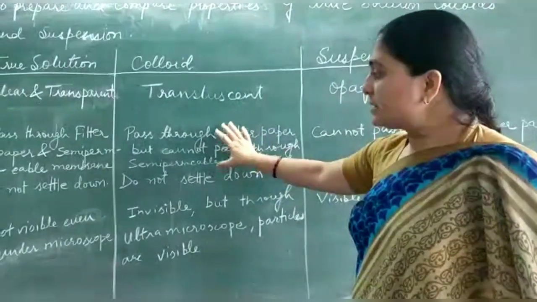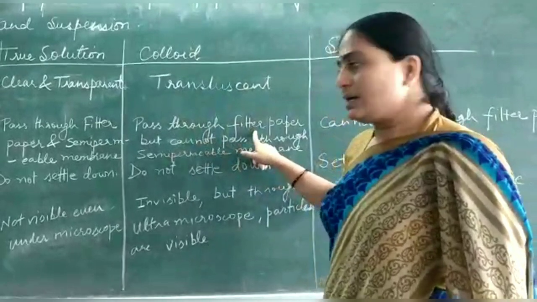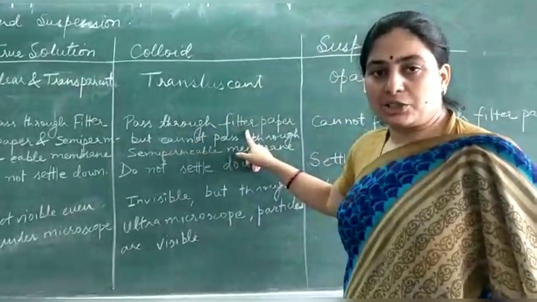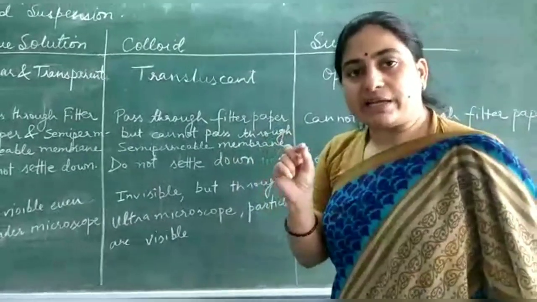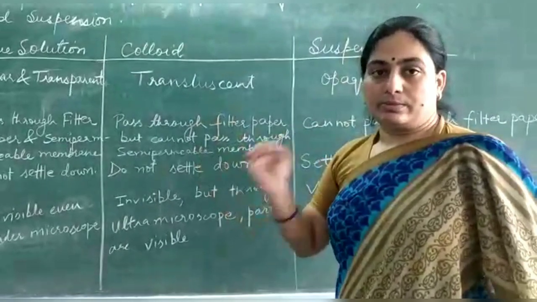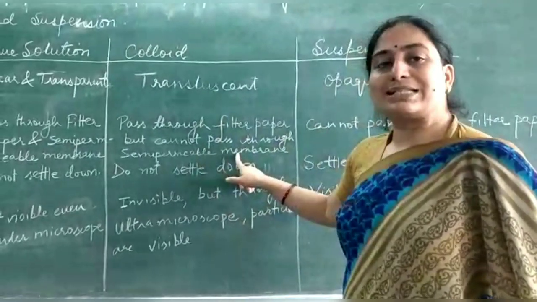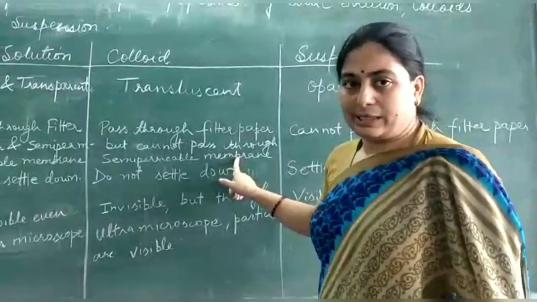Why? The particles are comparatively bigger, so they can pass through filter paper, which has a large pore size, whereas the semi-permeable membrane has very small pores, and the particles cannot pass through them.